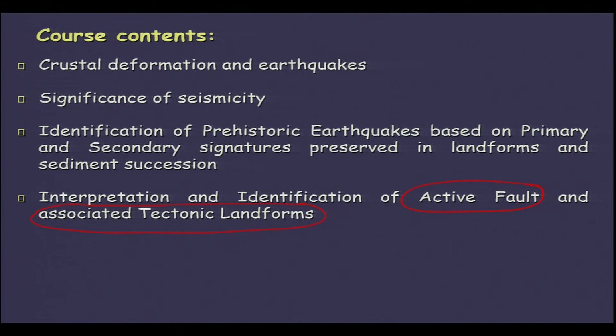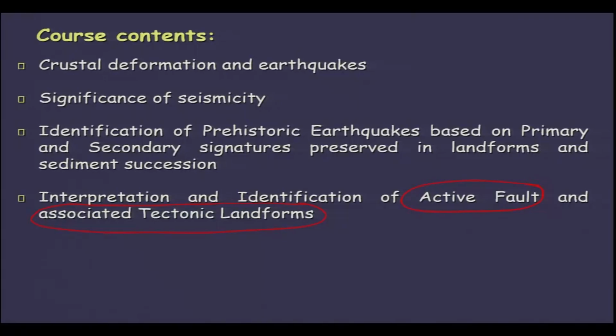Nevertheless, the systems are very dynamic, so there may be some locations where they might have got eroded, but in most of the locations these are preserved. For example, the gigantic ranges of the Himalayas are the result of ongoing tectonic deformation or crustal deformation since the last 55 million years.